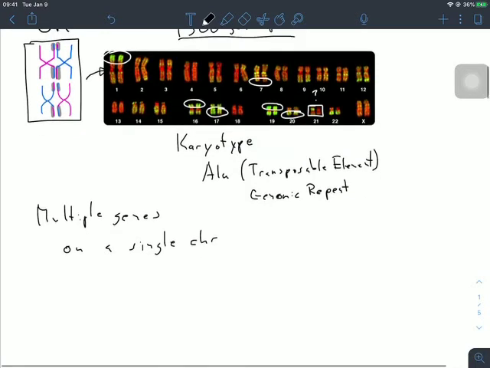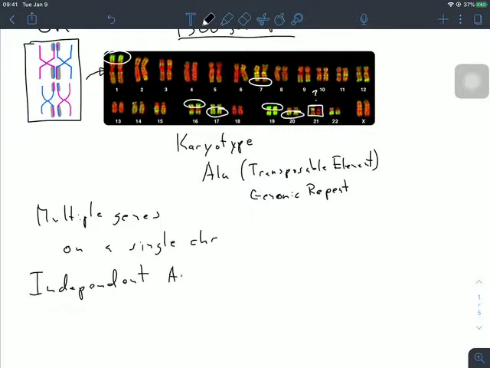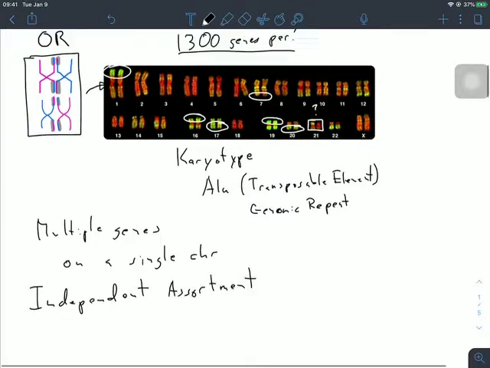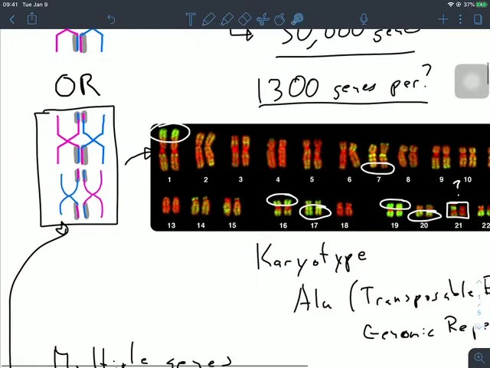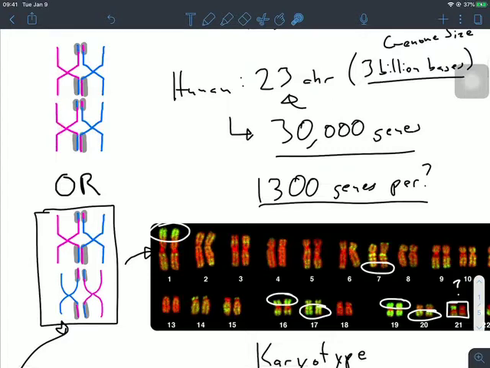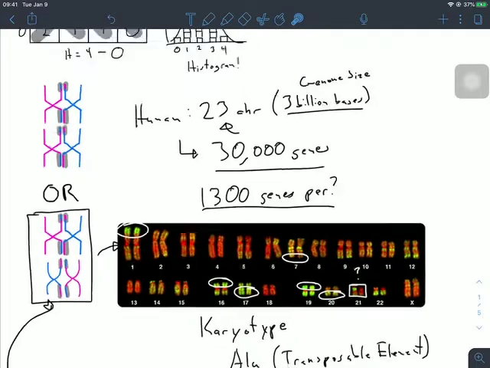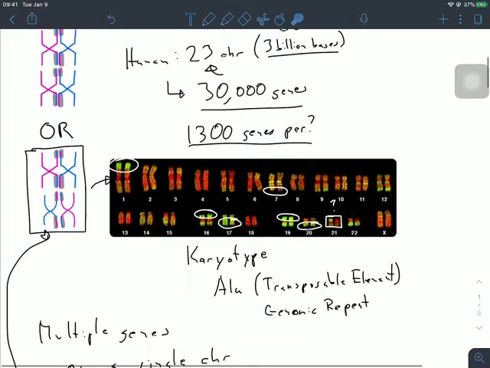Well, we've talked about the idea of independent assortment, where chromosomes are able to line up independently of one another. It does not matter whether it was mom's on left, dad's on right, or a mix of mom on left, dad on right, mom on right. And in the way of independent assortment, you're able to mix and match.